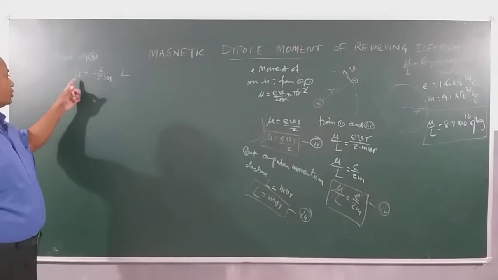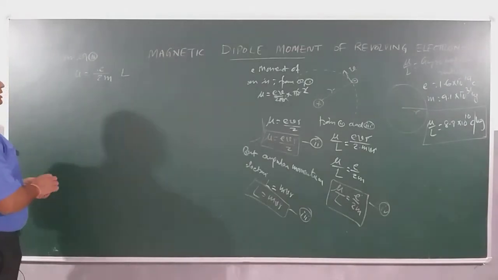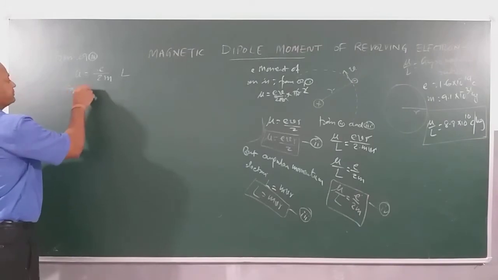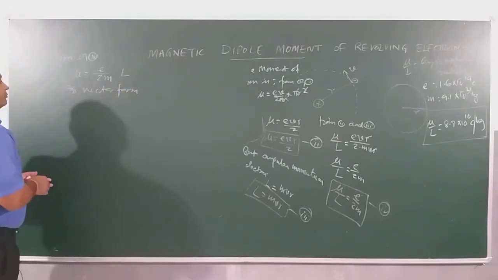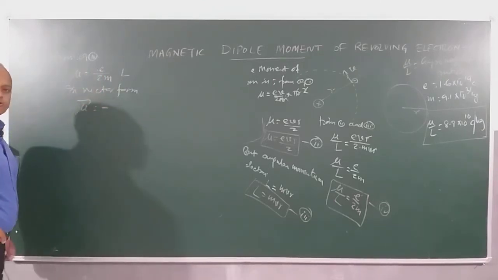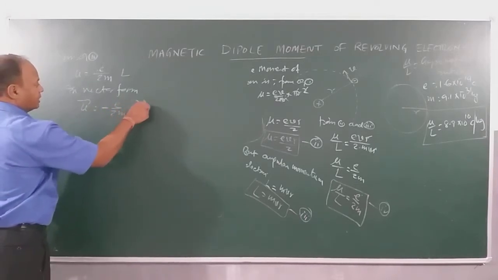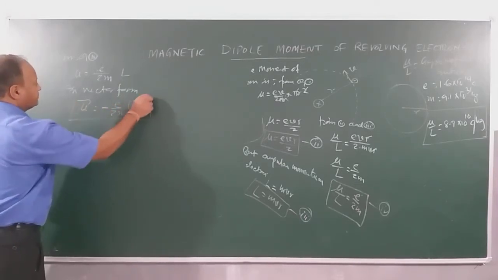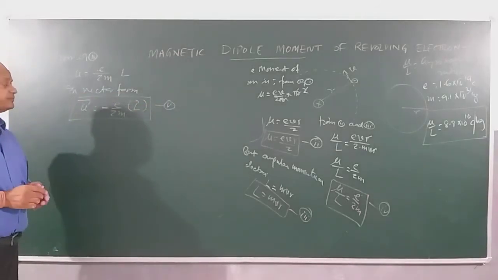But you know that mu is also a vector quantity, L is also a vector quantity. So we will be writing in vector form: mu vector is equal to, charge on the electron is what? Negative. So minus e by 2m into L vector. Now here we come across a very interesting result.